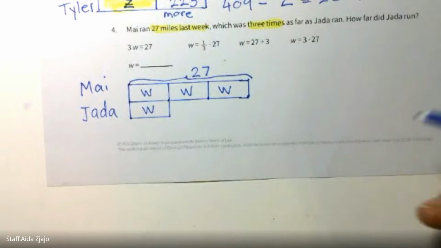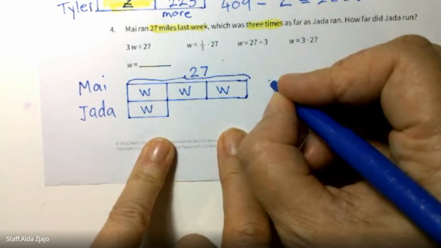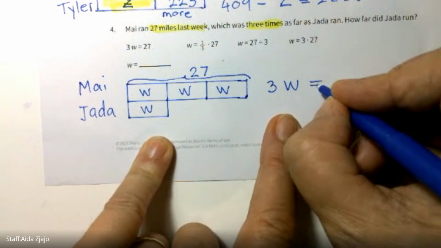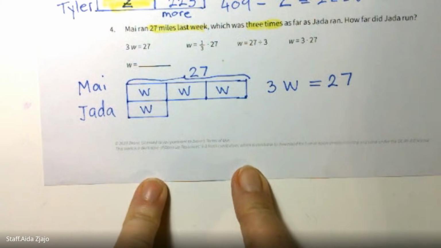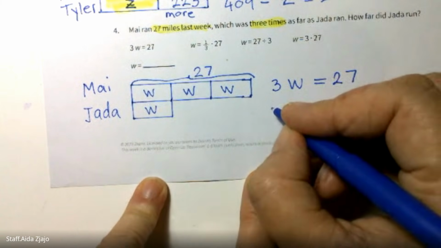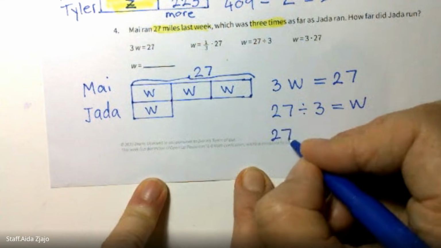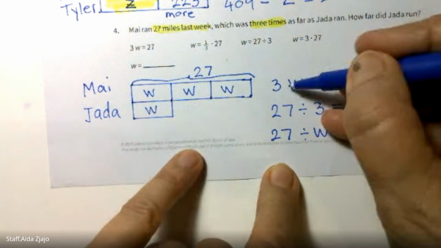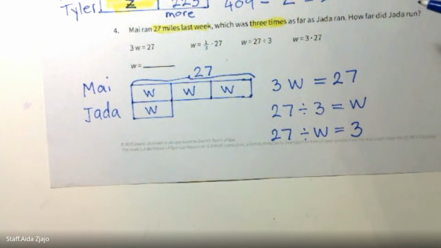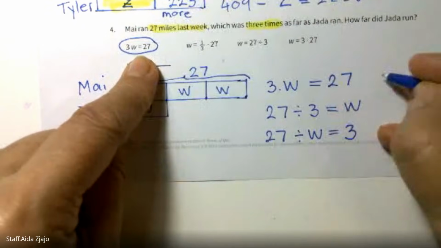So as an equation, 3W must equal 27. We can say 27 divided by 3 must equal W, or 27 divided by W must equal 3.